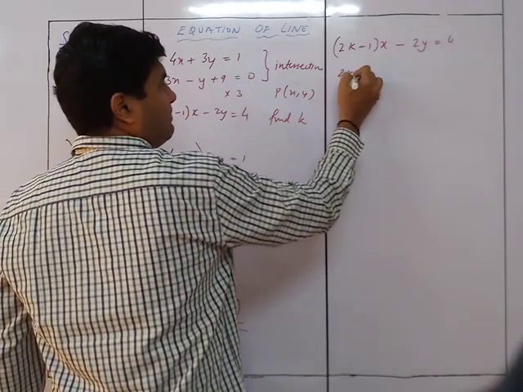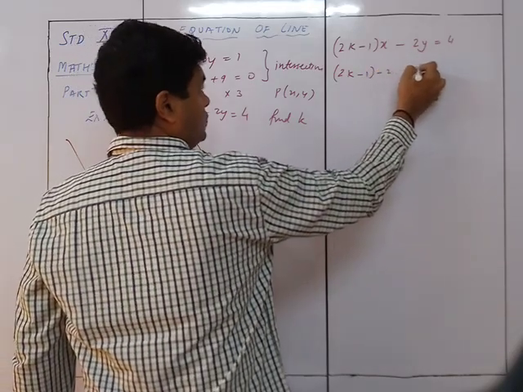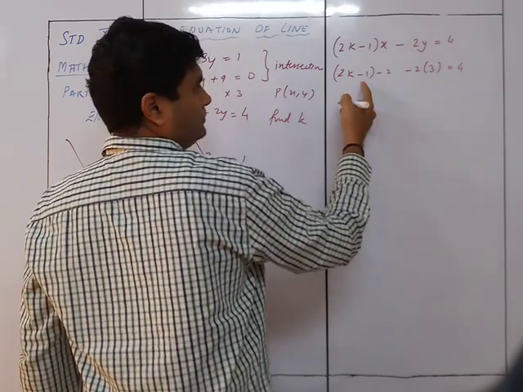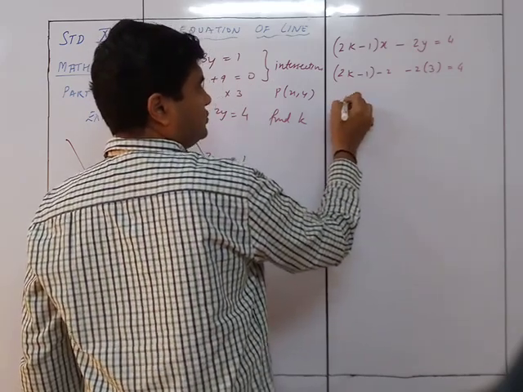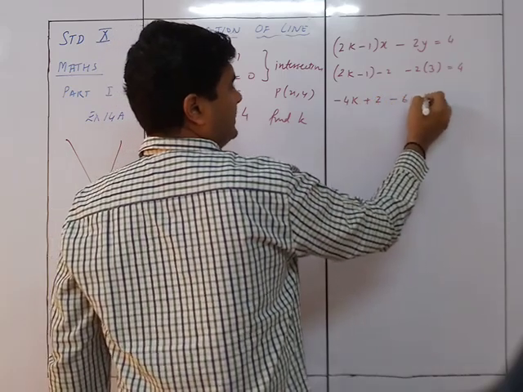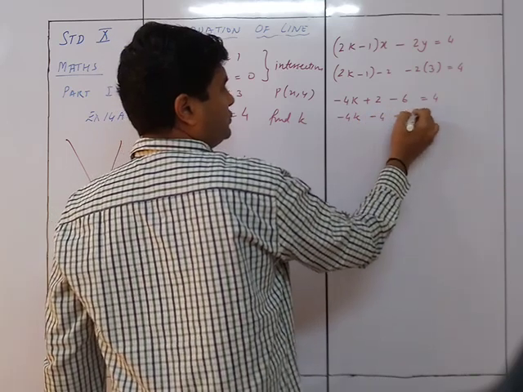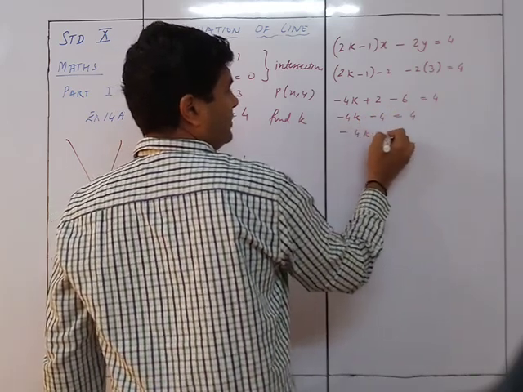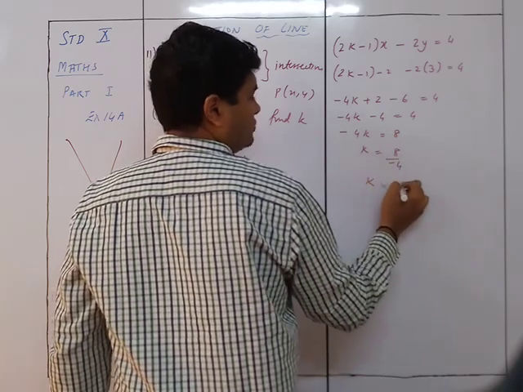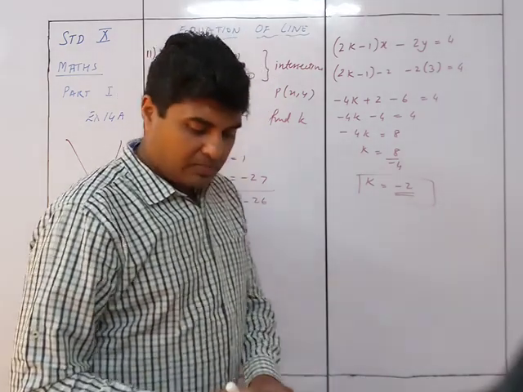So 2k minus 1 into x, which is given as minus 2, minus 2 into 3 is equals to 4. So multiplying this, it's minus 4k plus 2 minus 6 is equals to 4. So minus 4k minus 4 is equals to 4, minus 4k is equals to 8, k is equals to 8 upon minus 4, so k is equals to minus 2. That's the required answer for sum number 11.